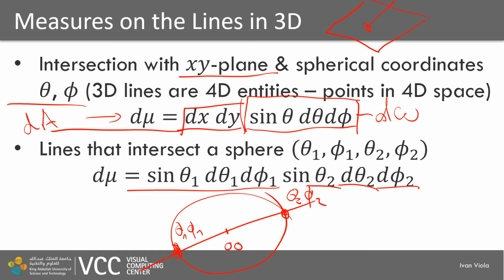So with these measures, again, we can calculate, for example, for all the lines in 3 dimensions, what is the average length of a line within a cube 0, 0, 0 and 1, 1, 1.